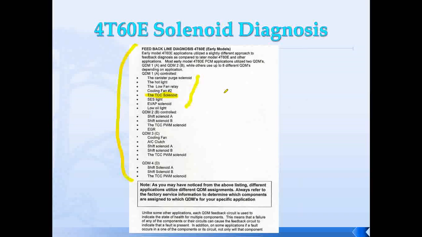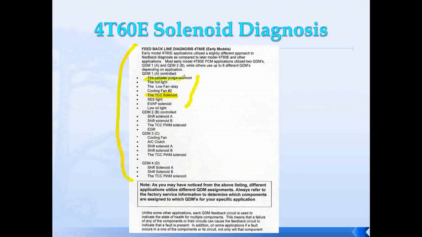What I'm trying to get you guys to understand in this instance is this TCC solenoid may not be working in your car, but it may not be working because of something wrong with one of these other components. So let's say we had a canister purge solenoid that had a problem. That's going to keep the TCC solenoid from working, because a fault in any of these other components will keep these components you want to operate from operating.